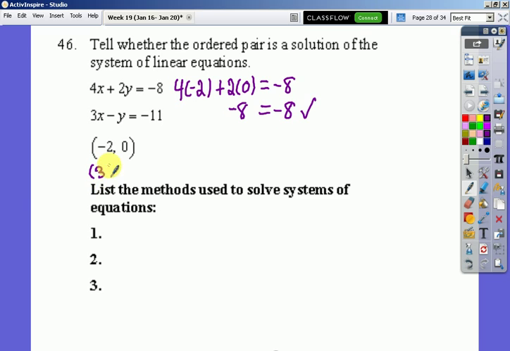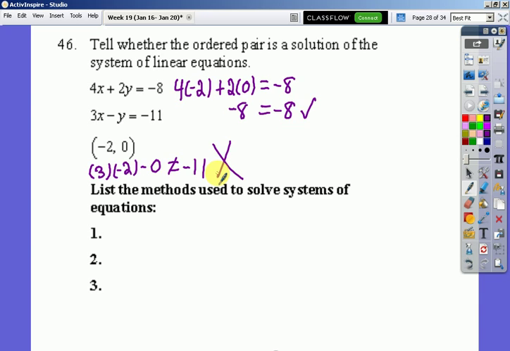So 3 times -2 minus 0 does not equal -11. That equals -6. So that does not work. So this is one of our solutions to our system. That is our solution to our system. That's where they intersect, right? Do you have any questions about that?